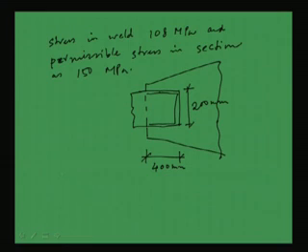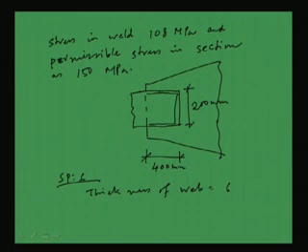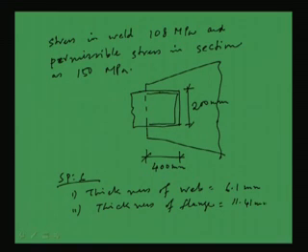Now from SP6, the data given for ISMC 200 is: the thickness of the web is 6.1 mm, the thickness of the flange is 11.41 millimeter, and the cross-sectional area of the section is 2821 millimeter square.